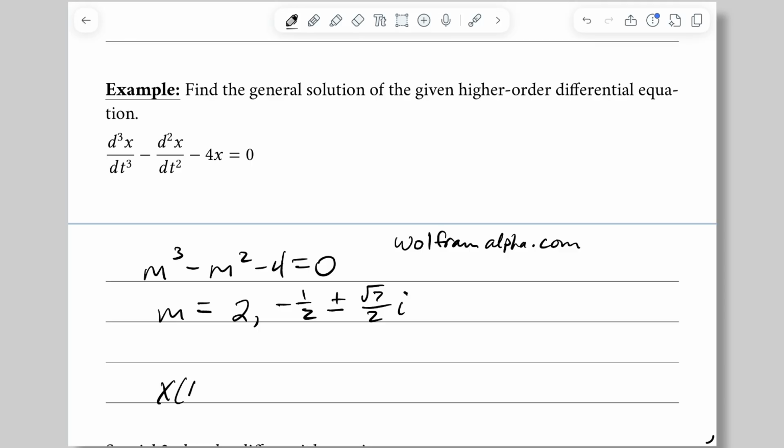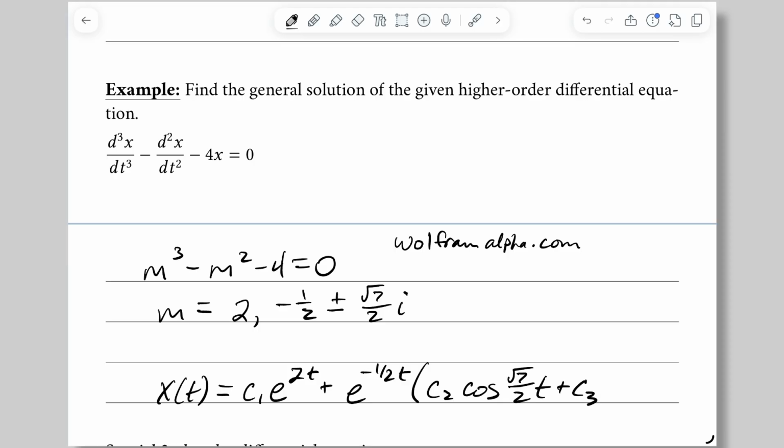x of t, just to be fancy here, equals c1 e to the 2t plus e to the negative 1/2 t times the quantity c2 cosine of square root of 7 over 2 t plus c3 sine of square root of 7 over 2 t.